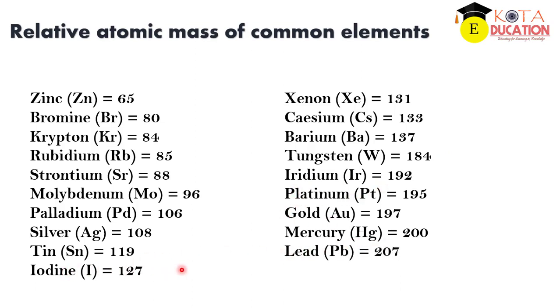These are very, very important elements which are more commonly used from the problem solving point of view. Others are also important, but you have to copy all of these because they will be very, very useful once you start solving the bits or questions. In calculation of molecular mass, these will be very, very useful. So copy it once.